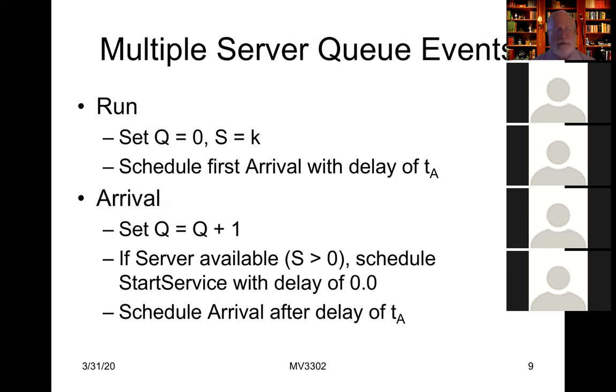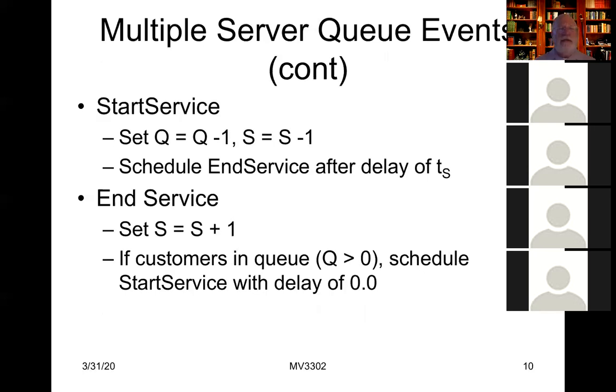We can talk about some of the assumptions of the model after we go through this. And then the arrival event is going to schedule the next arrival with a delay of the next inter-arrival time. So the arrival event has the state transition, we're incrementing Q, and it could possibly schedule 2 events.